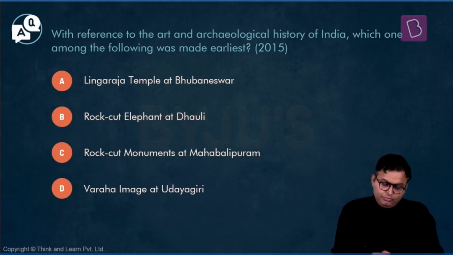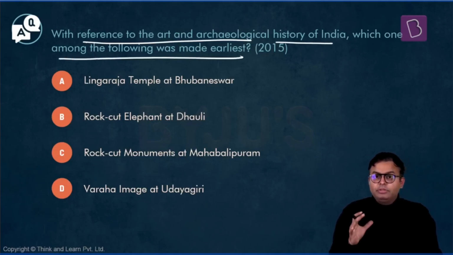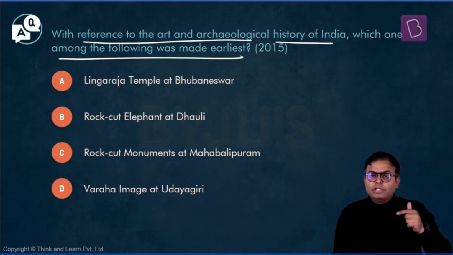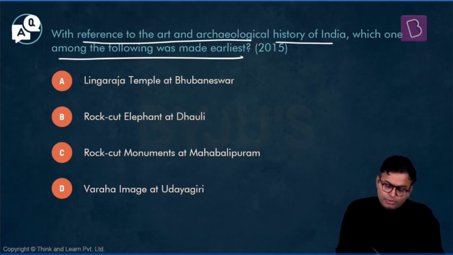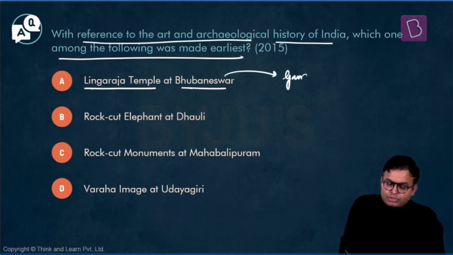Again, just see, with reference to art and archaeological history of India, which among the following was made the earliest? This was a bit trickier question because here you have to understand the chronology. The Lingaraj temple of Bhubaneswar was constructed in the post-Gupta period by the Ganga rulers.